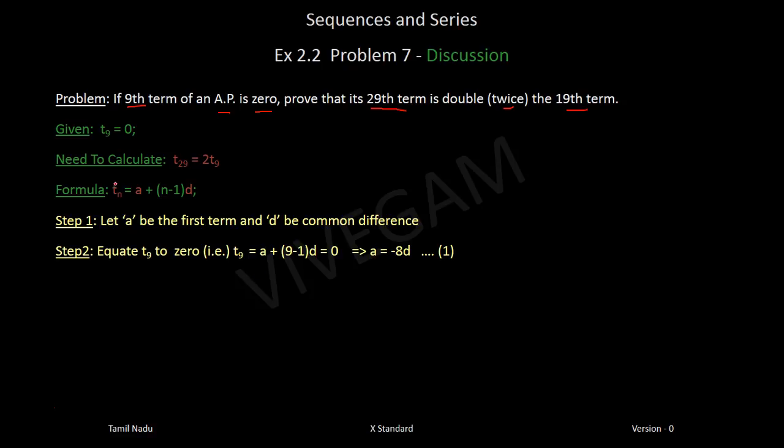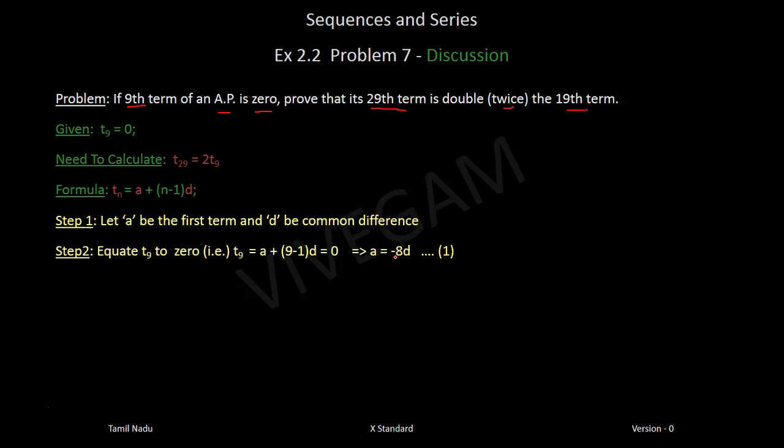What is T9 as per this formula? T9 is a plus 9 minus 1, that is n minus 1, into d, and that's equal to 0 because they have told us it is 0. So a plus 8d equal to 0, or a will be equal to minus 8d, correct? So we have got a in terms of d.